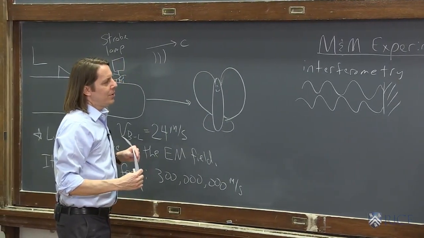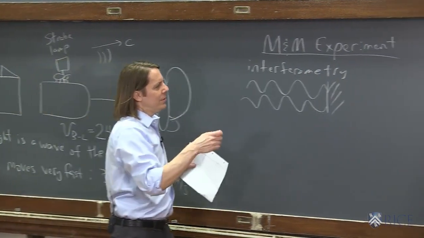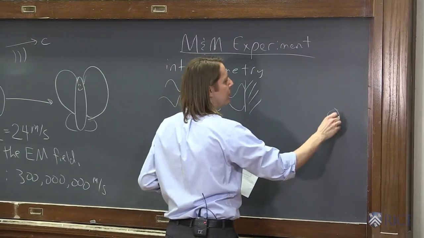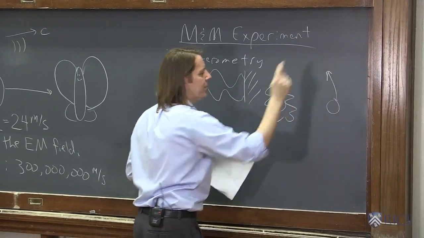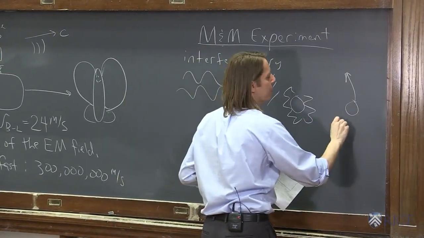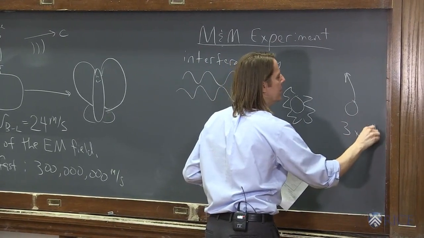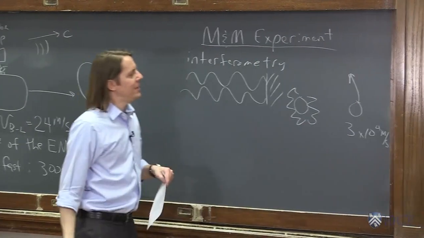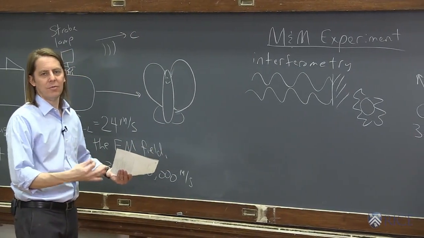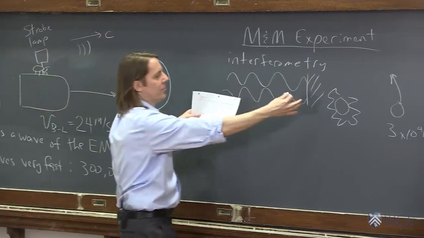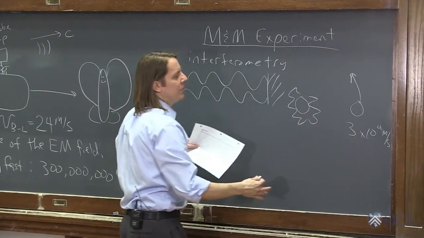So M&M set up an interferometer, and the idea was that we know that the Earth is moving through space pretty fast, right? So if this is the sun, the Earth is going at about 3 times 10 to the 4 meters per second. So if you imagine that the luminiferous ether is in space and it's at a constant velocity in space, maybe stationary with respect to the sun, maybe flowing this way, doesn't really matter.